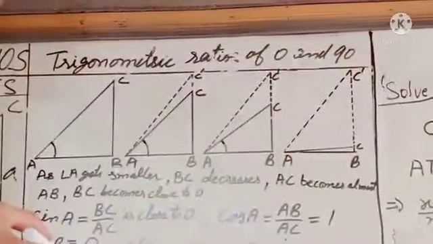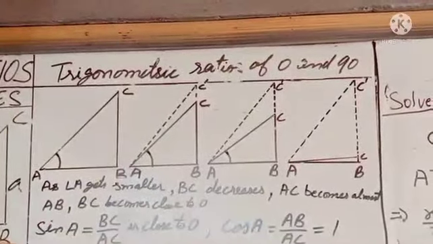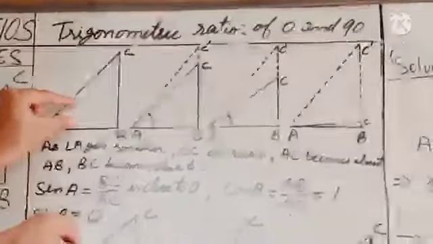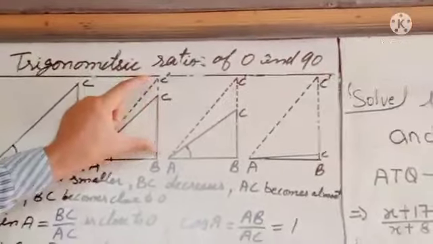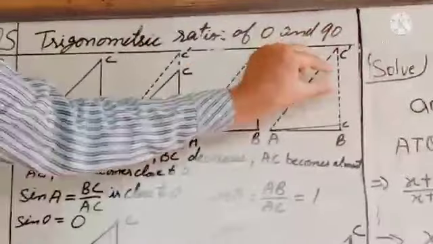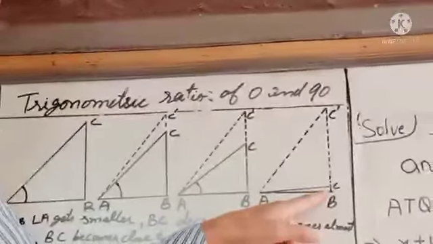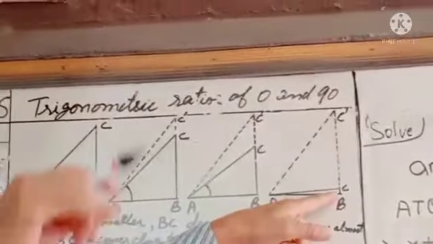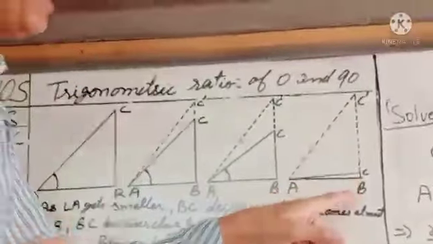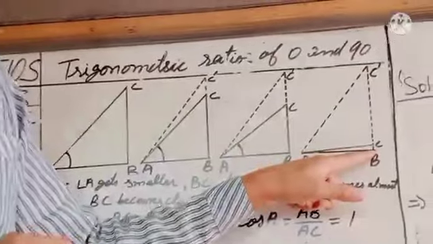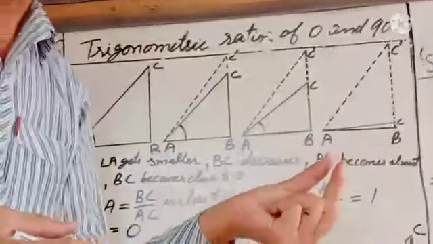When it gets smaller, there are two things that happen. With angle A getting smaller, BC decreases. That is number one. Ultimately, it becomes almost 0. See, C is about to be on B. That means BC becomes almost 0.